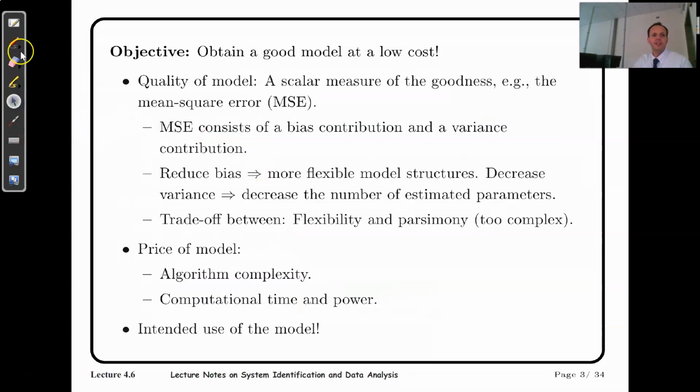Objective is very important. It's something that you need to focus on. So a good model, of course, good in the sense, again, is a quotation.